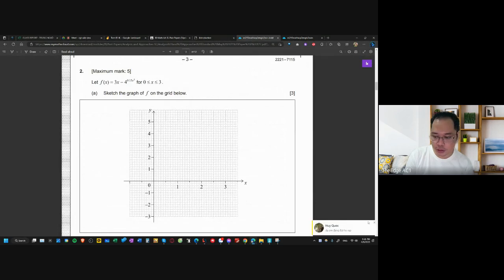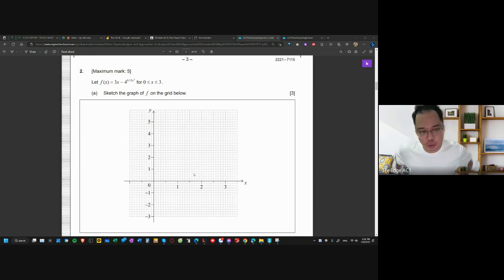So you can use the graphing calculator to plot the graph here. Plot the graph, and then just follow the calculator. Note three important points: x-intercept, y-intercept, and turning point, maximum or minimum, or inflection point. Put this function into the calculator like this.